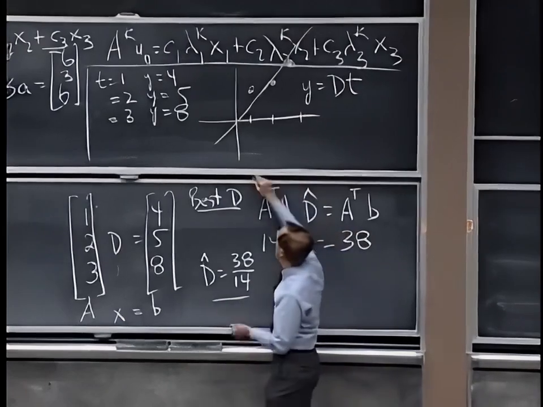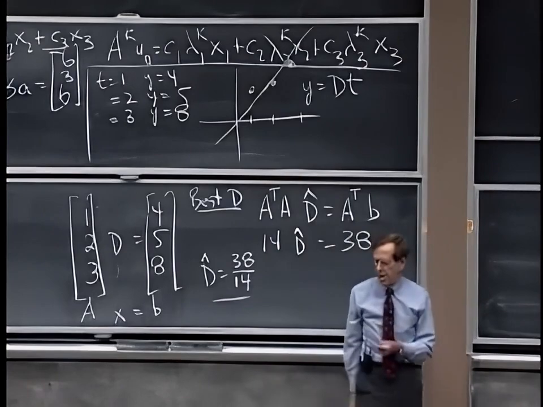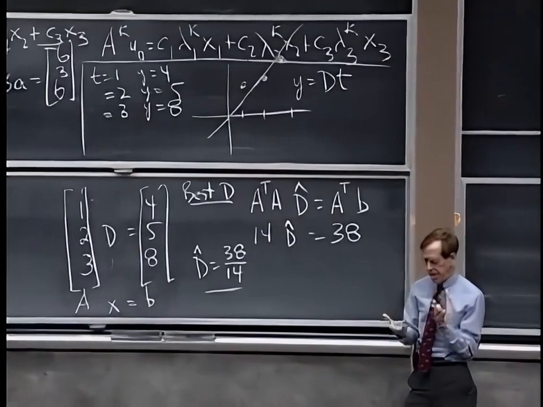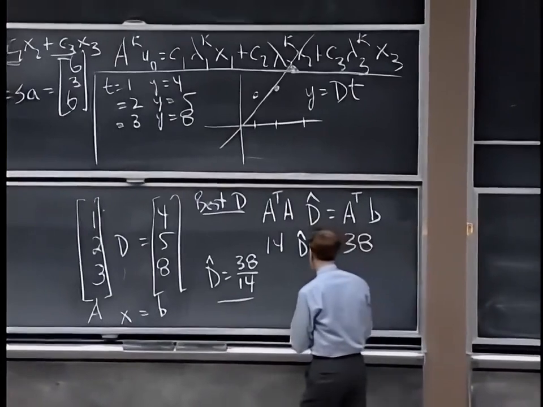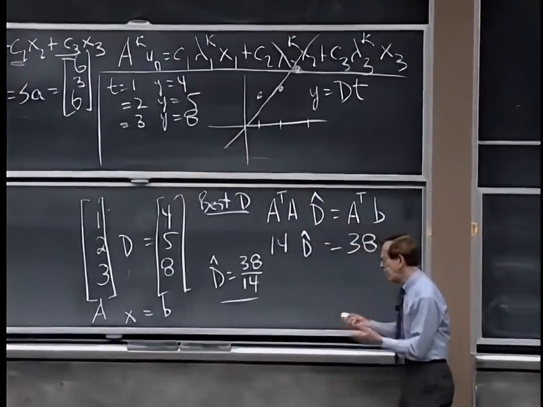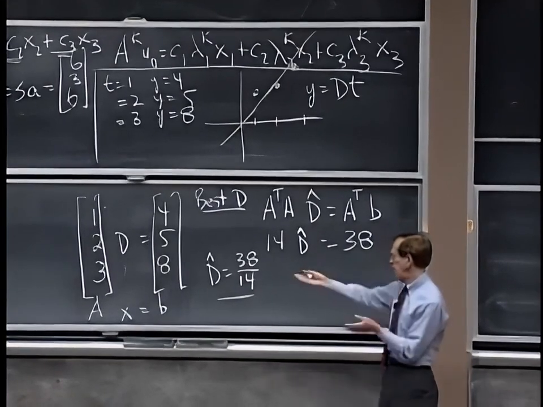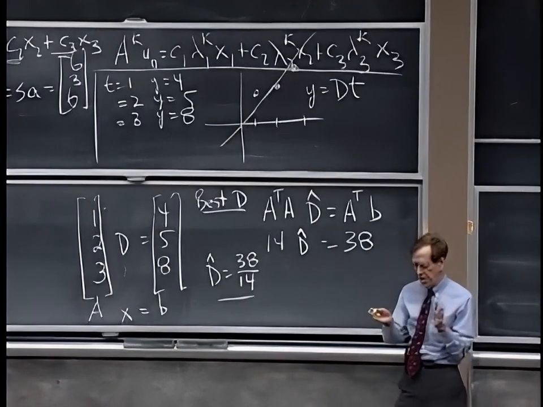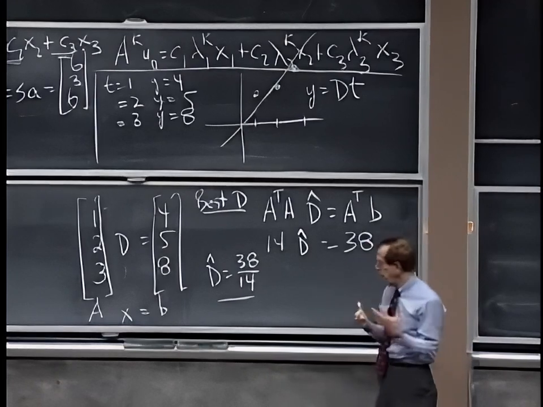This is a graph in the t-b plane, t-y plane, the line itself. The other picture I'm asking you to think of is like my projection picture. What projection? What vector am I projecting onto what line or what subspace when I do this?